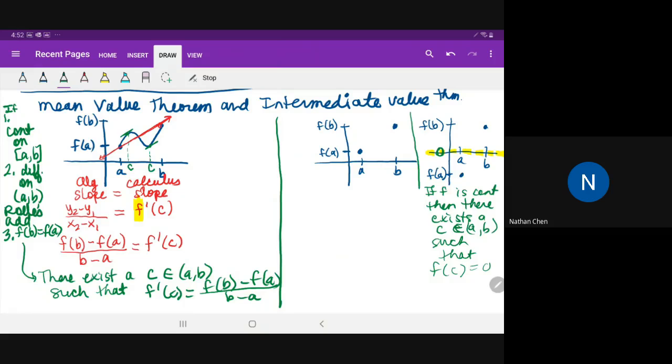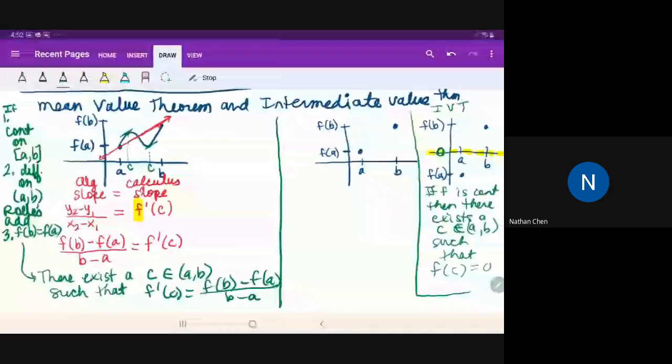Okay, so that's how you learned it in the past. So this is intermediate value theorem that you learned in the past.